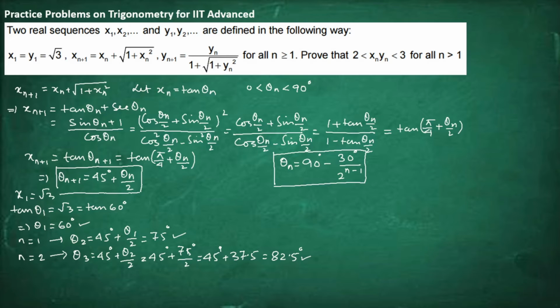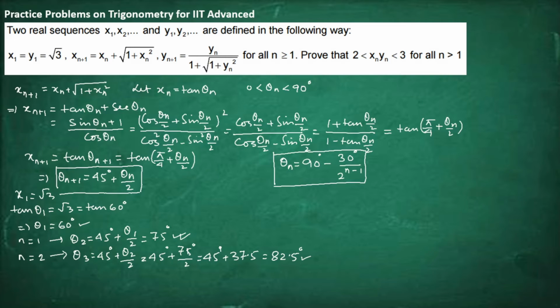So that gives you 60 degrees, which is correct. In place of n, if I put 2, then we are going to get 90 degrees minus 30 degrees divided by 2, that is 15 degrees. So 90 minus 15 is 75 degrees. That is also correct, and so on.